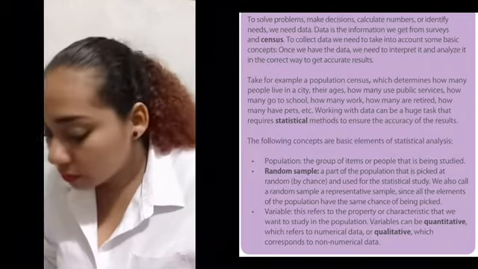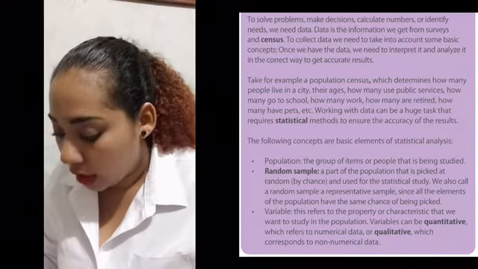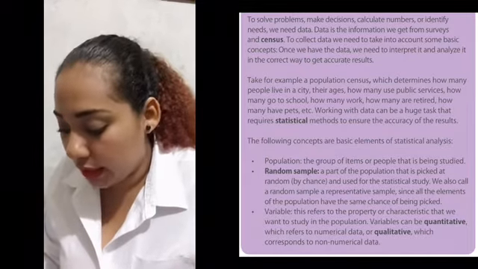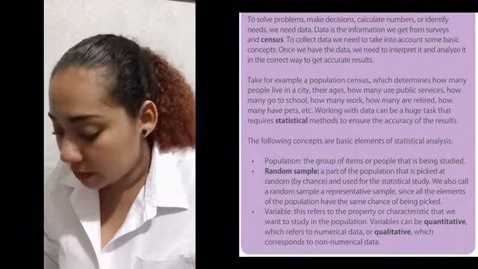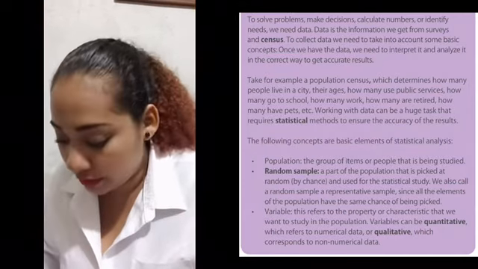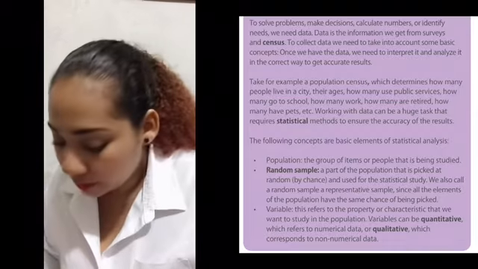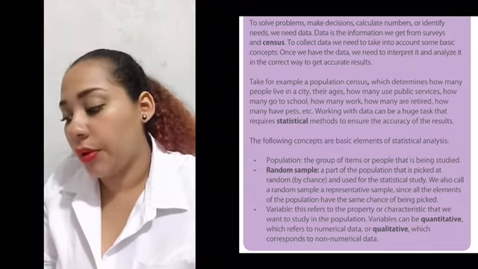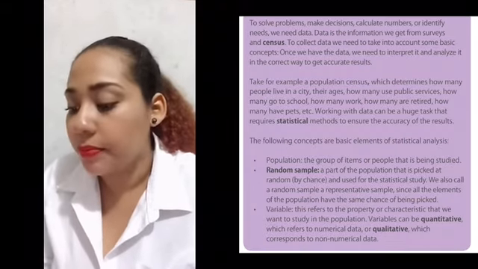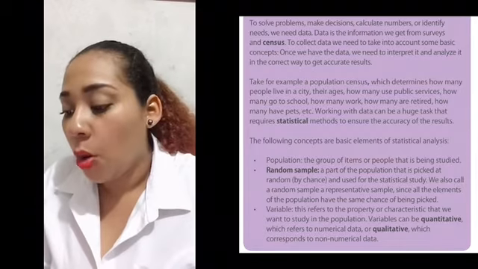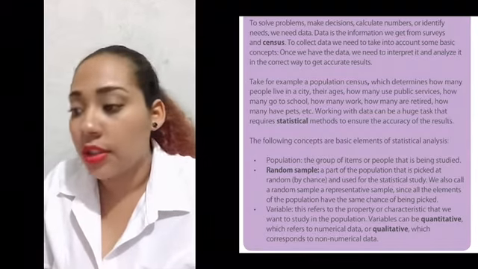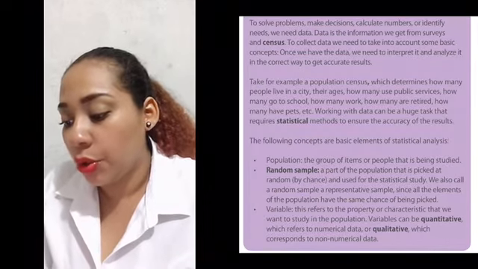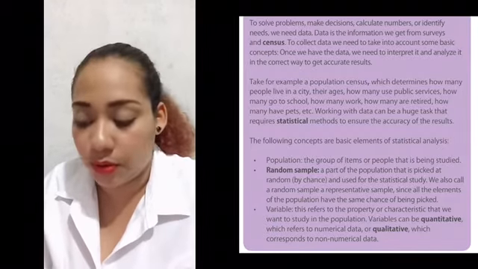Take for example a population census, which determines how many people live in a city, their ages, how many use public service, how many go to school, how many work, how many are retired, how many have pets, etc. Working with data can be a huge task that requires statistical methods to ensure the accuracy of the results.